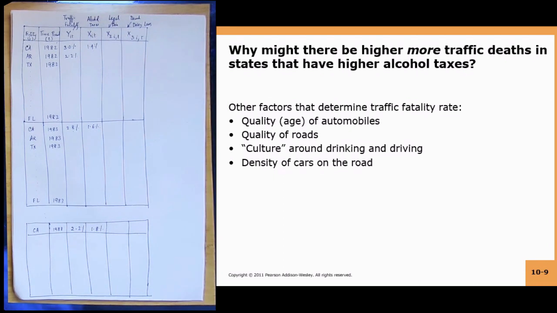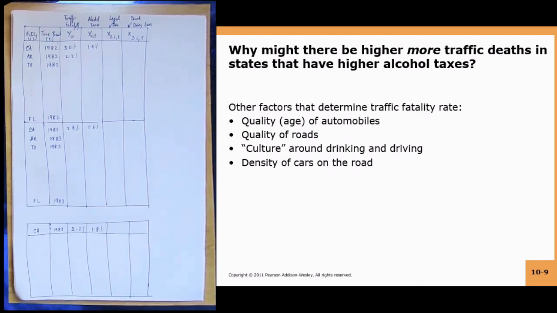The airbag may deploy, or the body of the car may be stronger. It may not be a very old car that may skid or something like that. So as the quality of automobiles increases, which is possibly dependent on the per capita GDP of that particular state, the number of fatalities may go down.